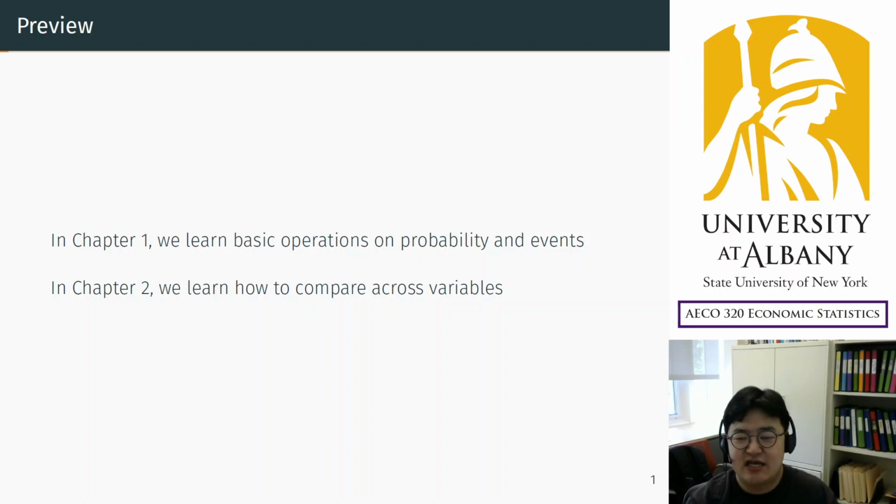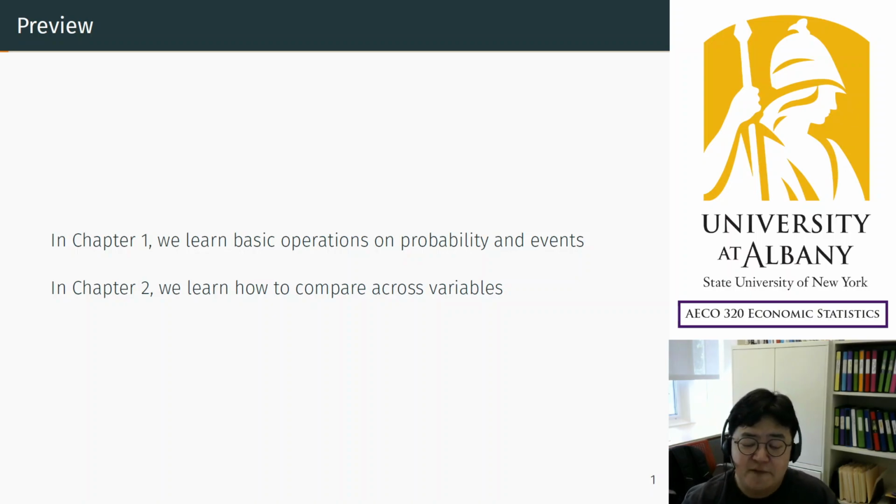Because that was just the first chapter, and in this chapter we are going to consider a different use of data. Especially, in the previous chapter we learned joint distribution and marginal distribution when we have multiple variables, and we manipulate the events using intersection, union, and complement.